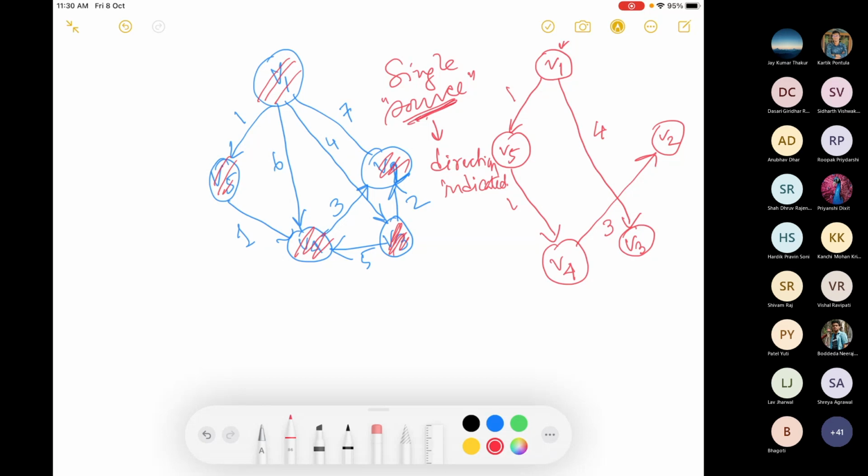Yes, very good. You can give a counter example. Very good. Because this is a greedy approach and the optimal substructure condition does not hold here. So if you have an MST, you cannot always say that you can get the shortest path between any pair of nodes.